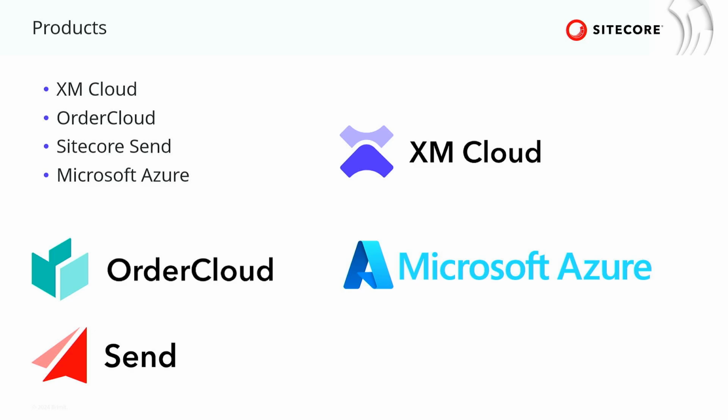For any integrations between those cloud services, sometimes we need to implement our own services and deploy them somewhere, so we use Microsoft Azure for it. In our solution, we use app services, functions, queues, topics, service buses, and a few other services.